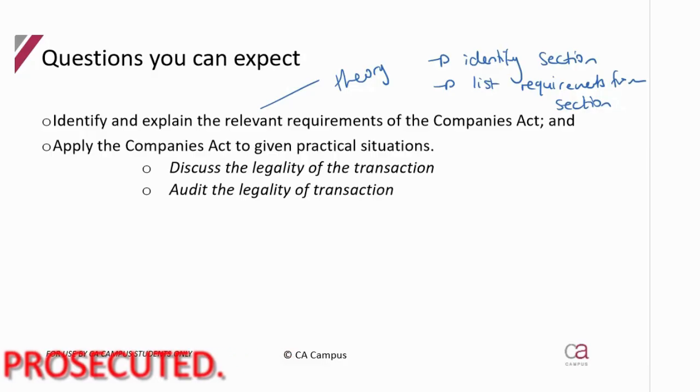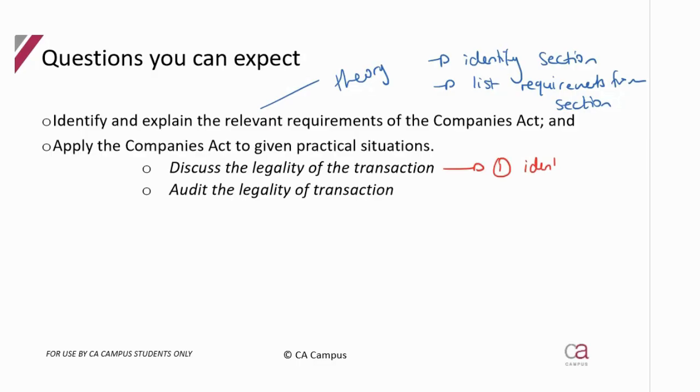More common at a CTA level will be practically applying the Companies Act requirements. So the first type of question, discuss the legality of the transaction. So first of all, you need to identify what the transaction is.